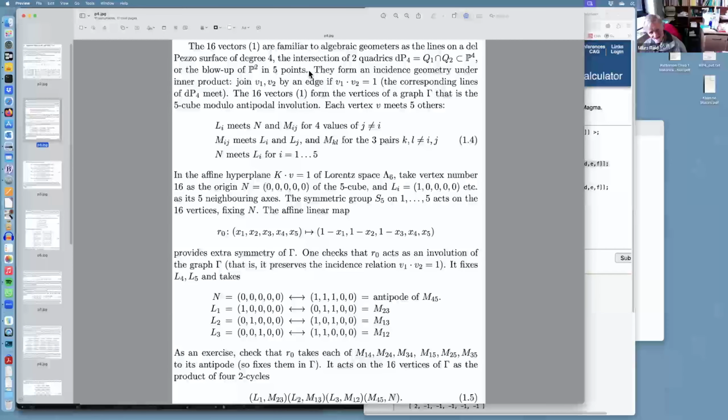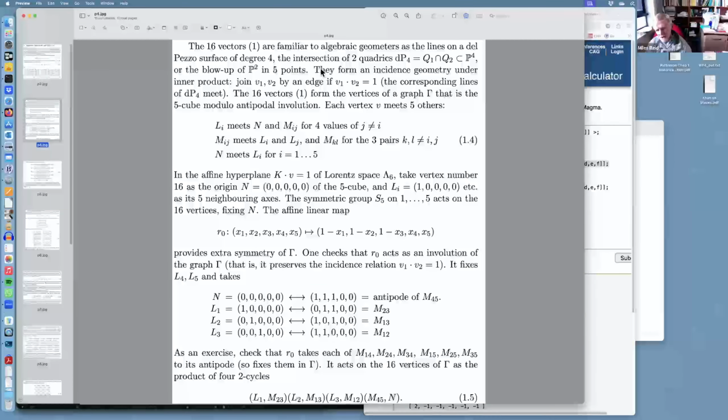So this is practice for next week when I want to blow up P2 in 6 points. In any case, the vectors I wrote before are lines on this surface. They're cohomology classes of lines on this surface.